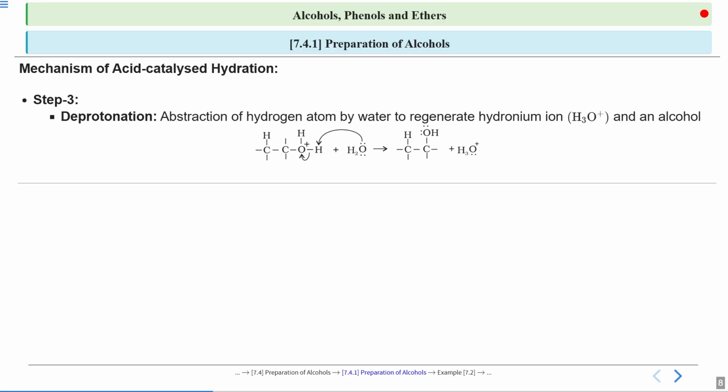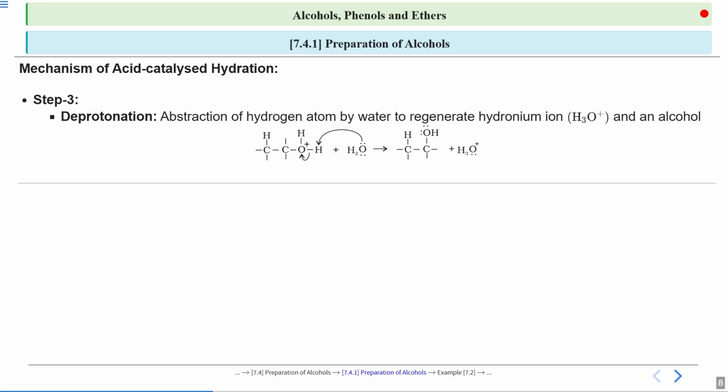Why? Because another water molecule abstracts one of the hydrogen atoms from this protonated carbocation, by donation of its oxygen lone pairs, and one of the hydrogens will be removed from the protonated carbocation. The oxygen-hydrogen bond electrons will shift over to the oxygen to stabilize its positive charge, and you will finally get the hydronium ion along with the major product, the alcohol.